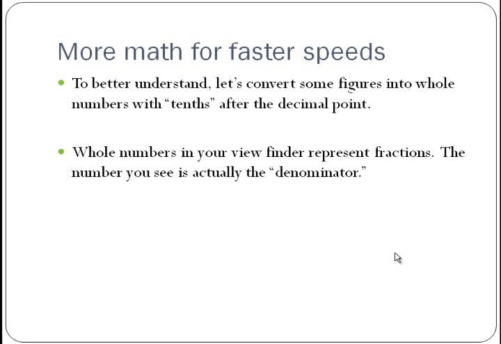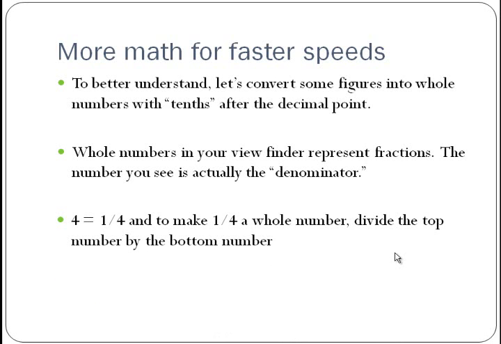So we have a whole number in your viewfinder which represents a fraction. It's not really a whole number, it's a fraction. The number you see is actually the denominator, the bottom number of 1 over the number. As we just saw, a 4 in your viewfinder is going to be 1/4. And to make 1/4 a whole number with tenths after the decimal point, divide the top number by the bottom number.